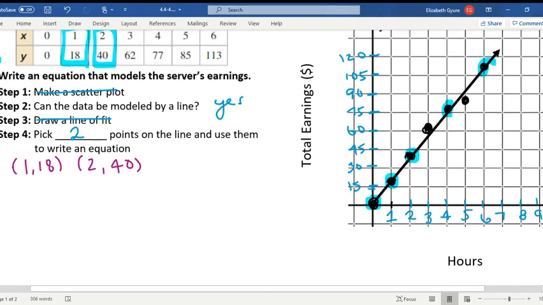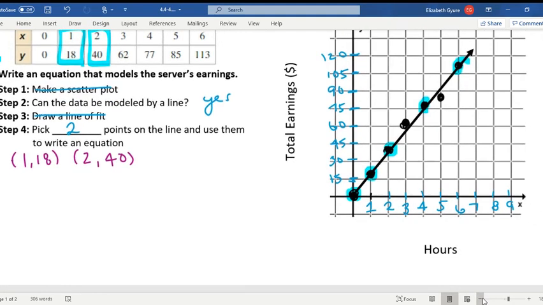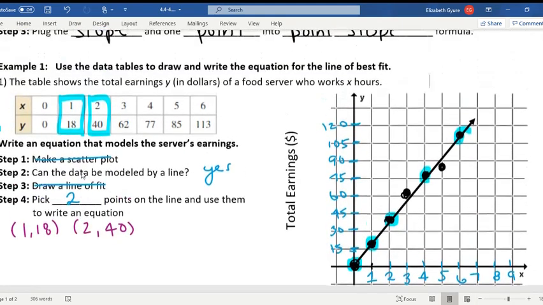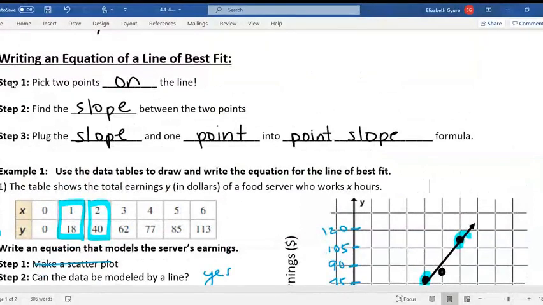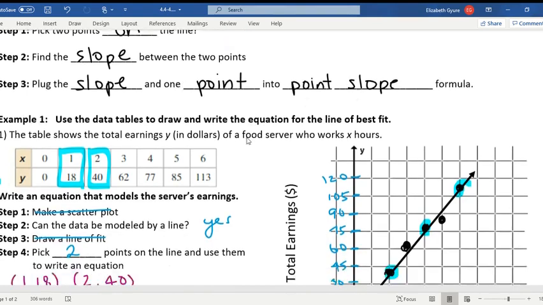Okay, now if you go back up to writing an equation of a line, step 1 was to pick 2 points on the line. We did that, right? Step 2 is to find the slope. Can I now find the slope? Yeah, let's find the slope.